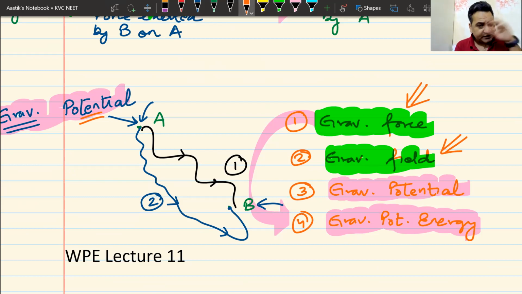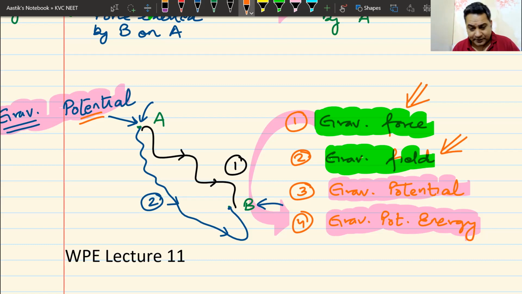Now you can think of it in a different way. Wherever you see, there is energy, there is potential. At this point, there is some potential. At this point, there is some potential. At this point, there is some potential. Why is this potential present? This potential is present because of Earth's gravitational field. Earth is creating gravitational field around itself that creates potential in the entire space.